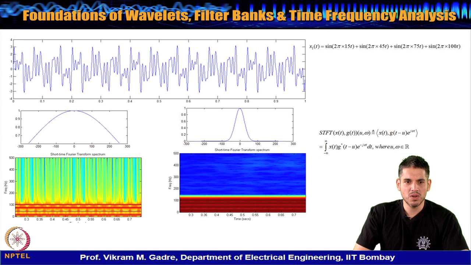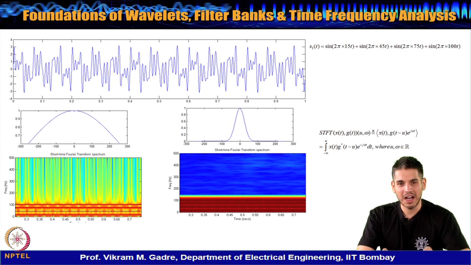For the first window, on the left hand side, you can see that it has a wider time duration, while the second window, shown on the right hand side, is of lesser time duration. Now from our Fourier analysis concepts, we know that if we use a window of wider time duration, then our frequency localization is improved.